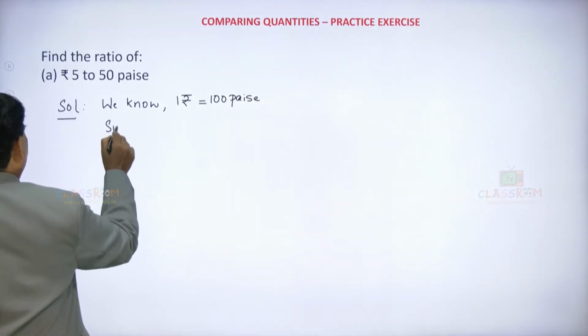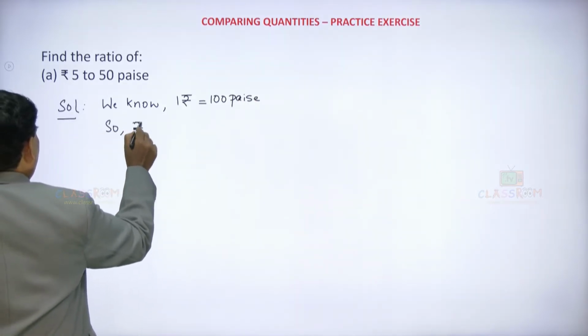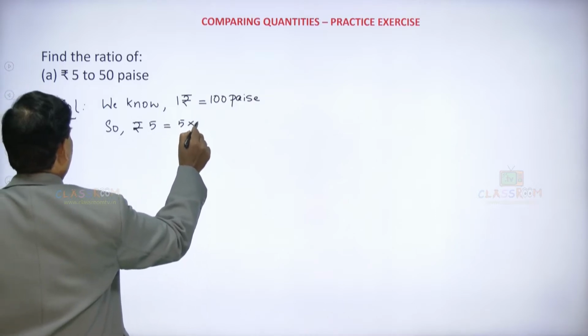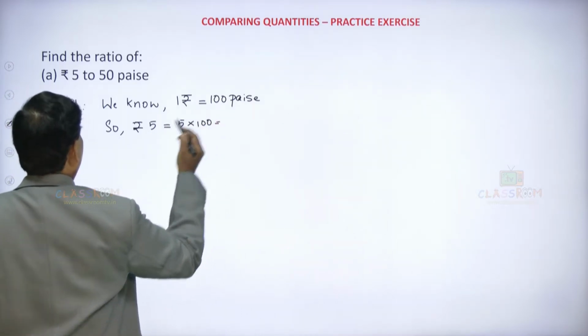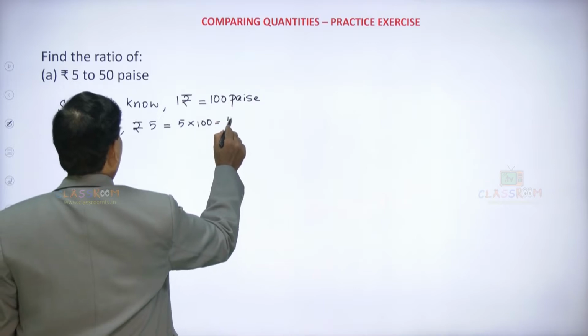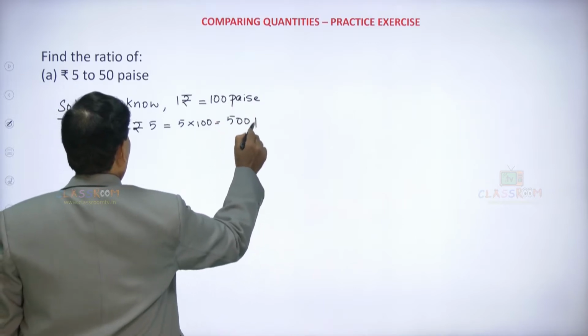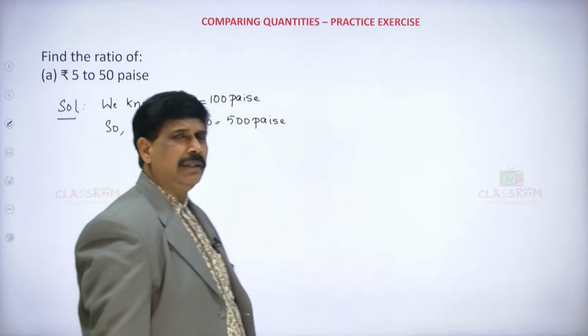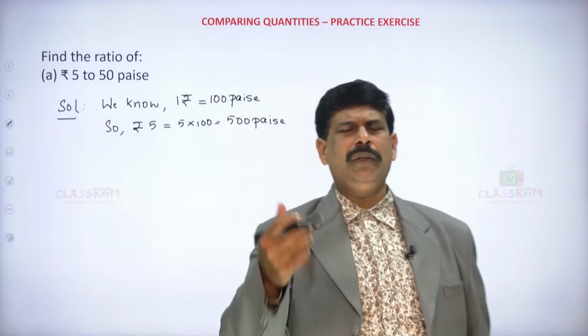So 5 rupees will be 5 into 100, that is equal to 500 paise. Okay, so we have changed into paise.